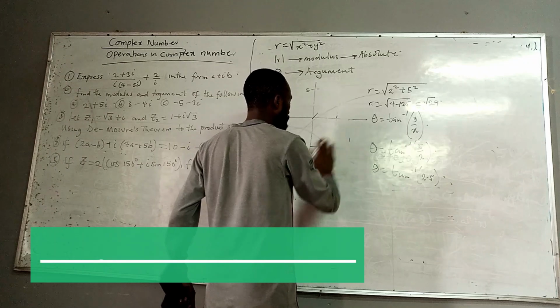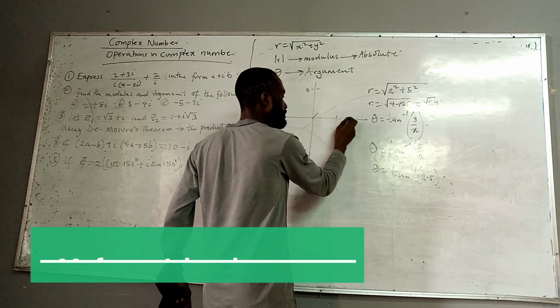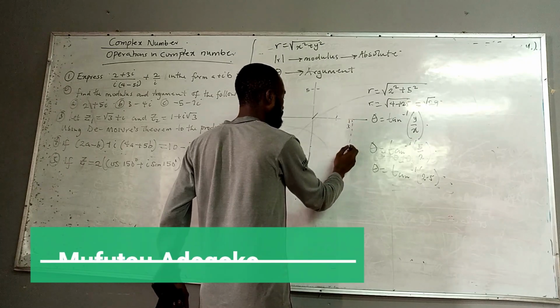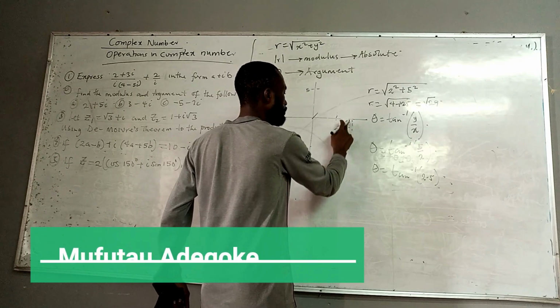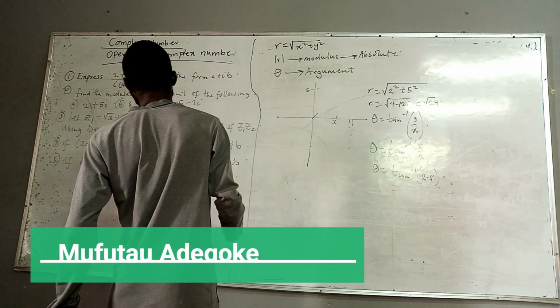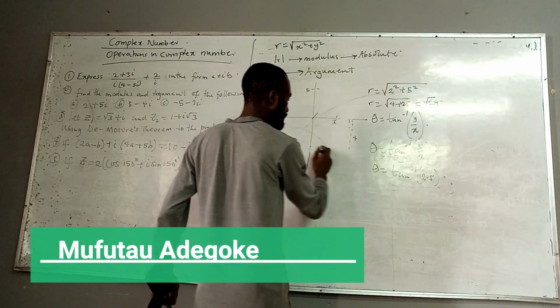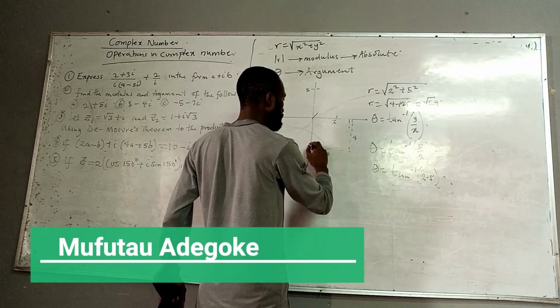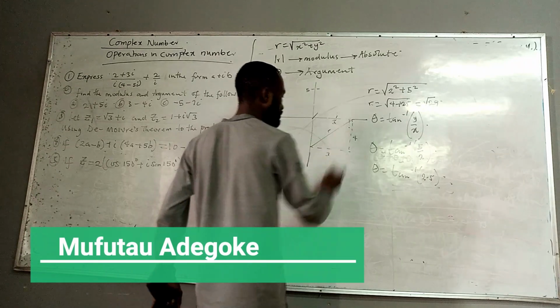My X is 3. If my X is 3, then Y, which is negative, is 4. Then I can join and call this my R.